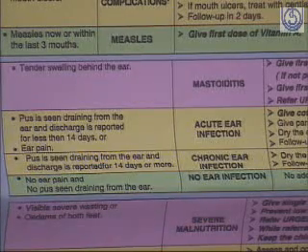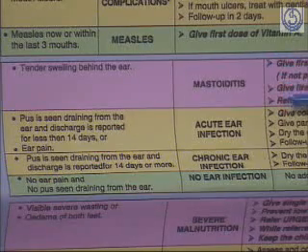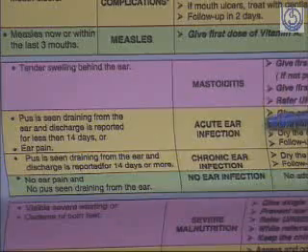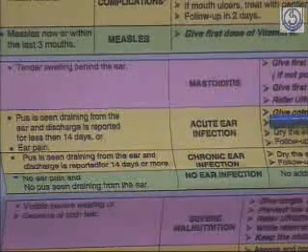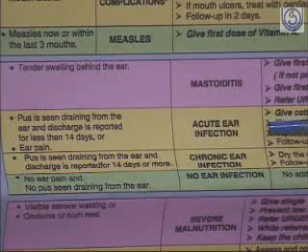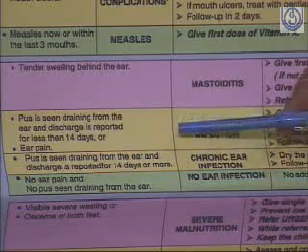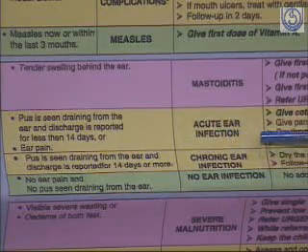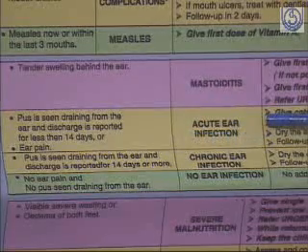serious problem. If tender swelling behind the ear is not present, then we come down to the yellow row and try to see if we find pus draining from the ear and the discharge has been reported for less than 14 days, or there is ear pain. In that condition, the classification is acute ear infection.